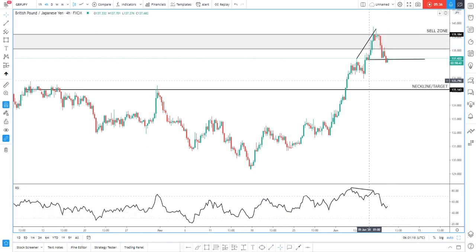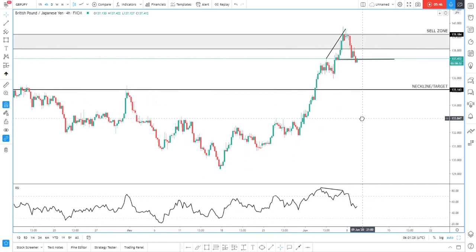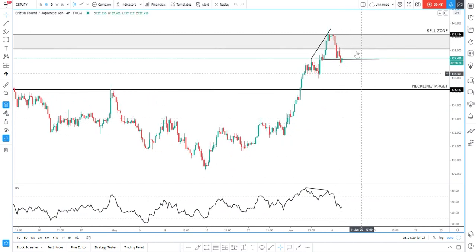Why? It's already left this area of structure. If I had gotten in here, I would have taken the trade and ridden it down to the neckline. So what I'll be doing is, I know this will sell off, so I'll be monitoring price action at this area of structure.